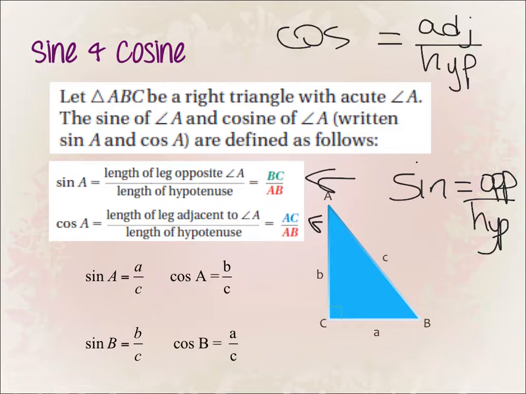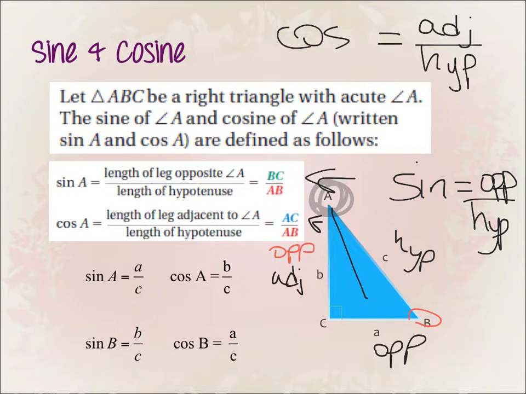So for example, if you're referencing angle A here, notice the sides that are opposite and adjacent. Opposite to A is little a, and adjacent to A would be the b, and c is going to be the hypotenuse, no matter if we're talking about A or B. Now, if I were talking about angle B, and I'll do that in red, opposite to B is going to be the b, and adjacent to B is going to be the a.